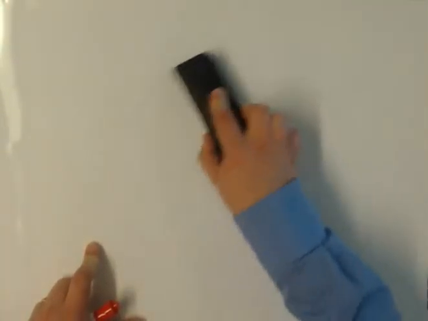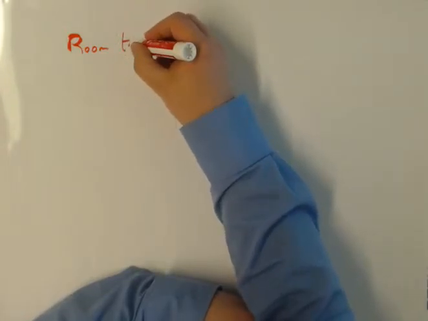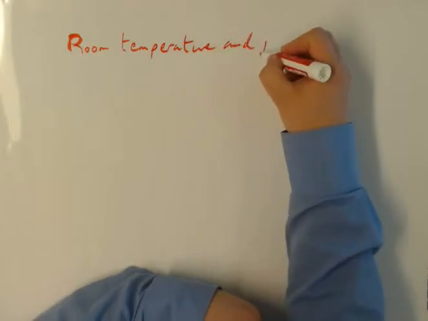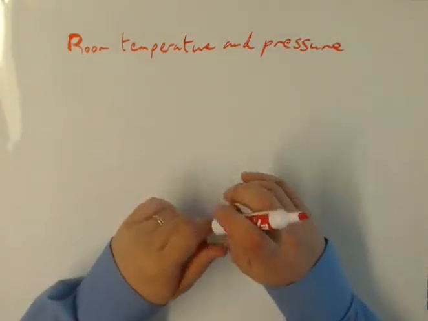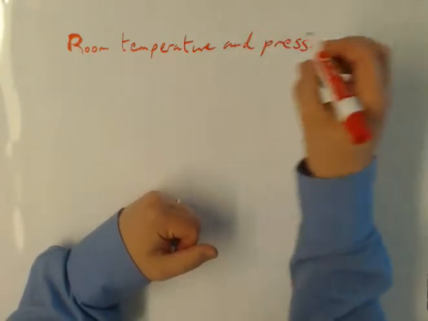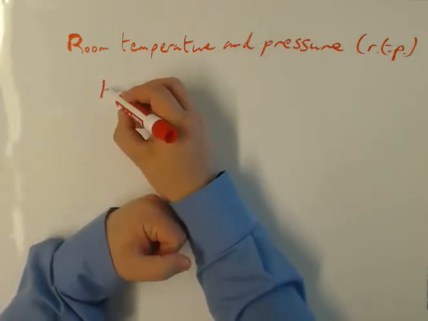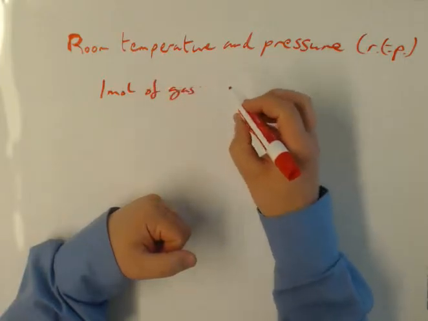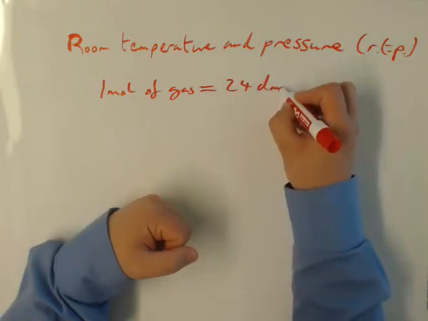We've got a rule for volumes of gas. At room temperature and pressure, and these are standardized, so they're just set, room temperature and pressure, which can be abbreviated RTP, 1 mole of gas wants to be 24 decimeters cubed.